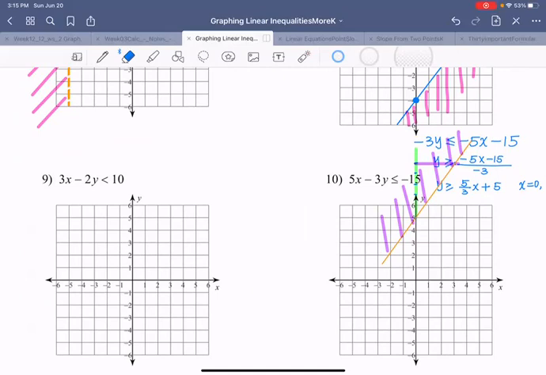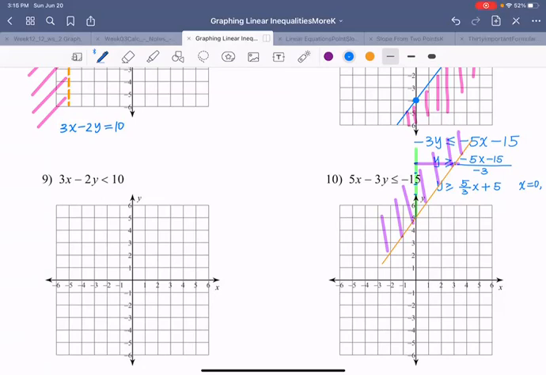3x minus 2y equals 10. So say one more time. 3x minus 2y equals 10. Sure. Next. What do you do? You want to write down y equals something, okay?